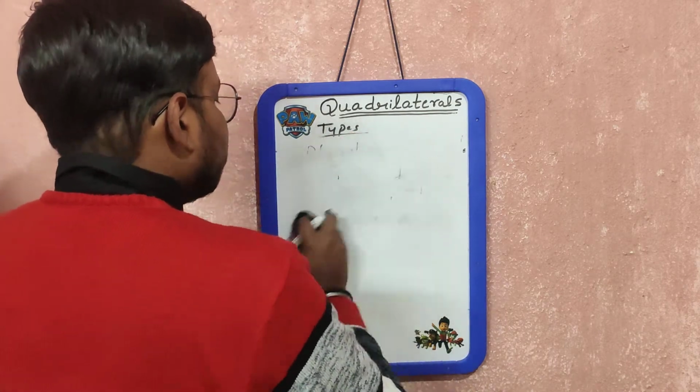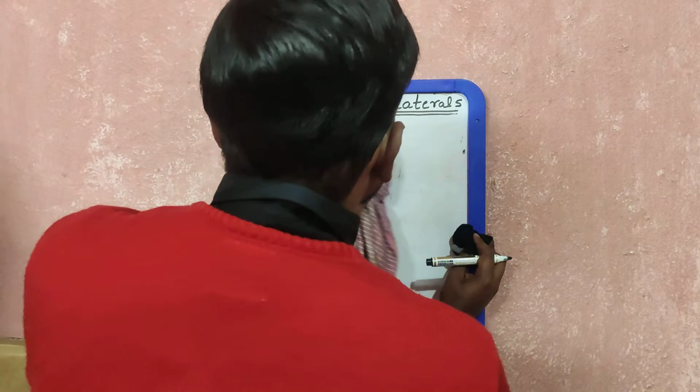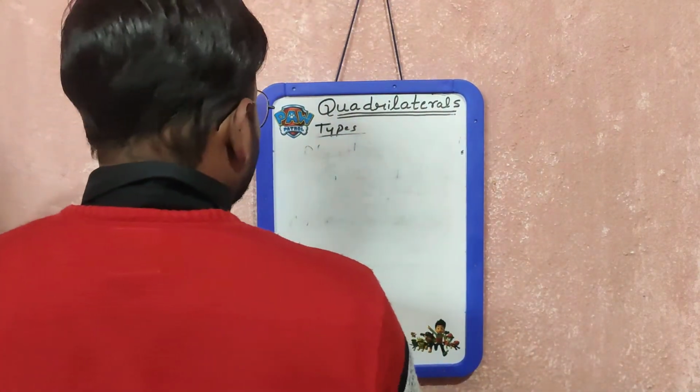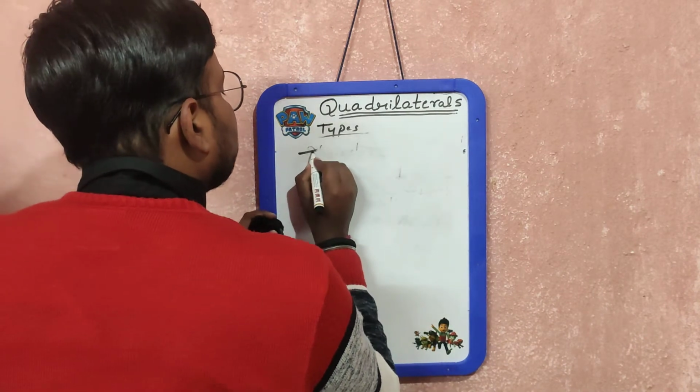Then now we move towards the rest of the figures such as trapezium and kite. Here we go with trapezium.